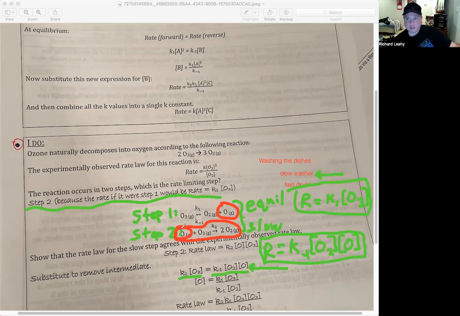If it's not at the beginning and not at the end, it is an intermediate. O is an intermediate, and intermediates should not appear in your rate law. I wrote this for the first one, but I want to reiterate that step because it's important: it lets you know what could be right or wrong. So intermediates do not appear in rate laws.